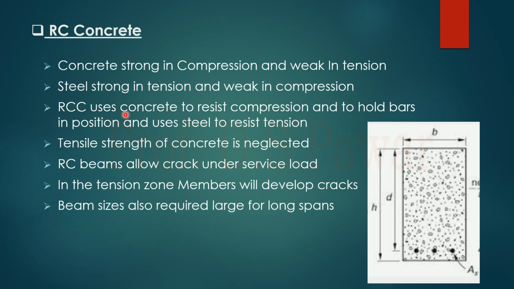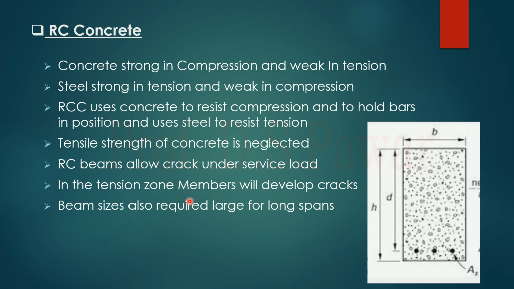Reinforced cement concrete uses concrete to resist compression and hold bars in position, and uses steel to resist the tension. Already I have discussed this part. Tensile strength of concrete is neglected. In RCC we have made the assumption that concrete should not take any tensile stresses. So the RC beam allows cracks under service load.